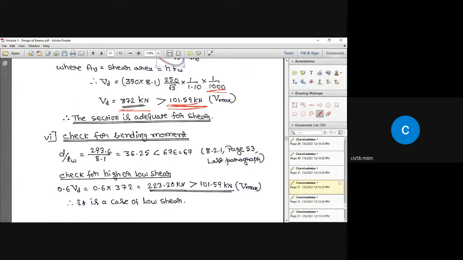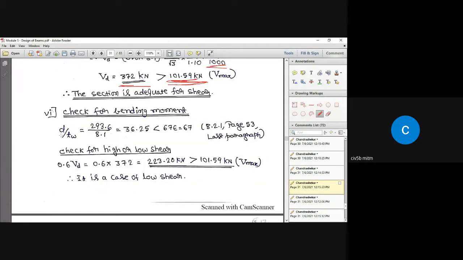So let us find out whether it is going to be subjected to a high shear or low shear. There is another condition we need to check, D by TW. That is 36.25, which is less than 67 epsilon. So where did we get this condition? Again on page 53, first column, in the second paragraph.